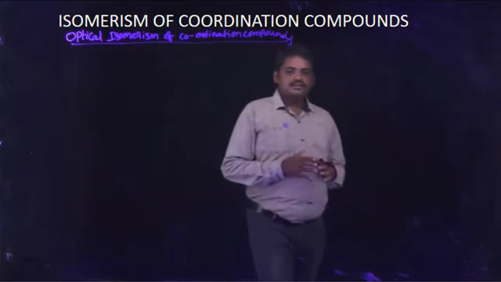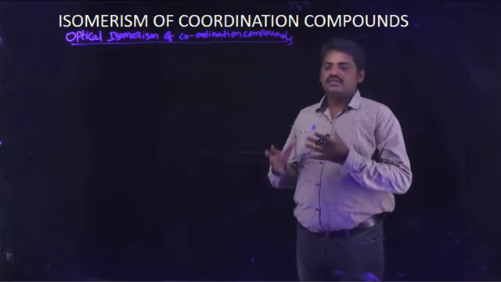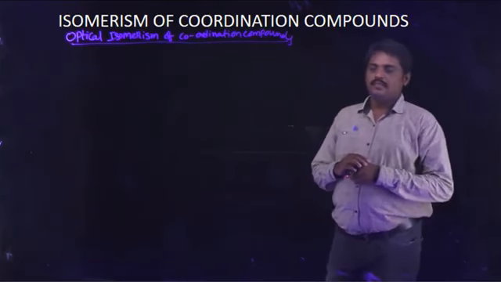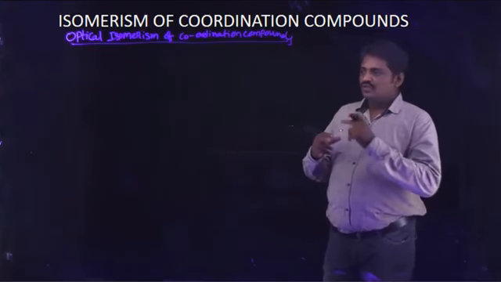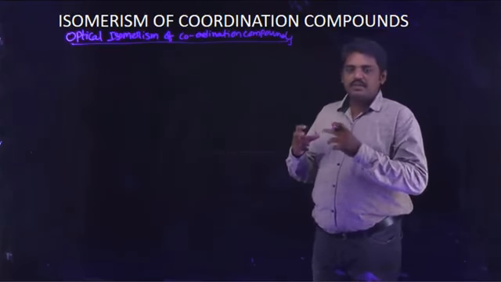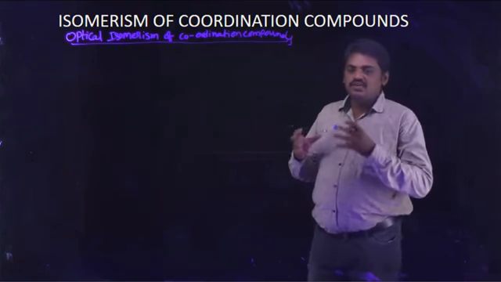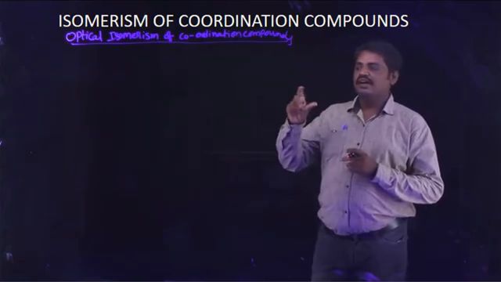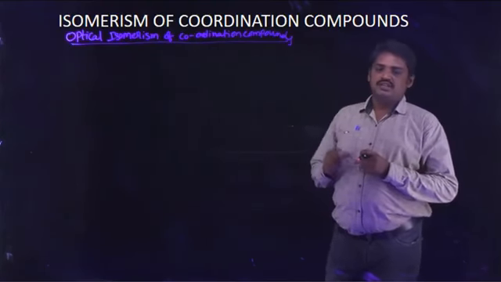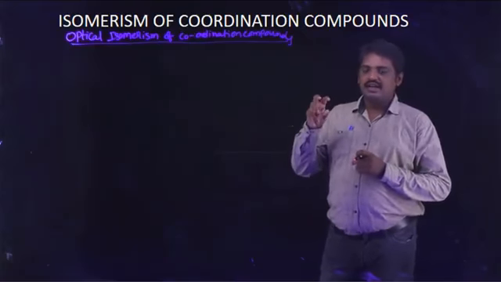First of all, what is the meaning of optical isomerism? Those compounds which rotate the plane polarized light are known as optical isomers. That process is known as optical isomerism.